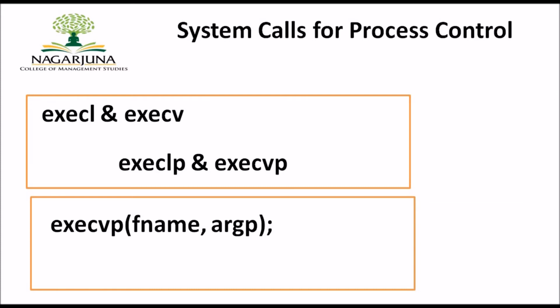But if you do not know how many arguments there are, then I'm going to make use of EXECVP, where you provide a file name or program name along with the path, that means where your file exists.